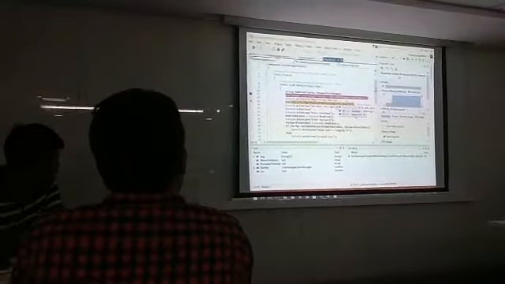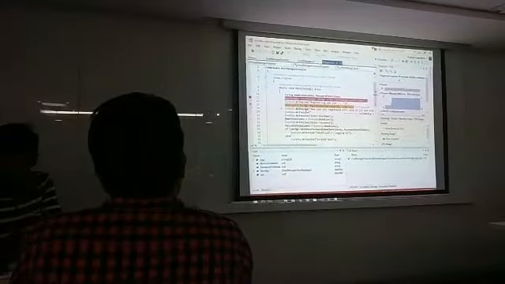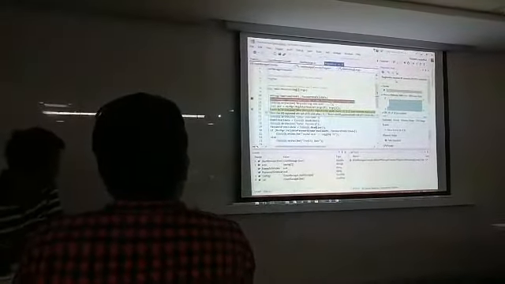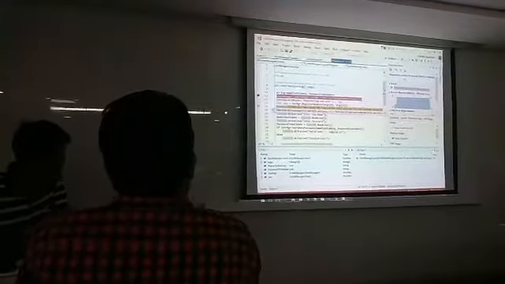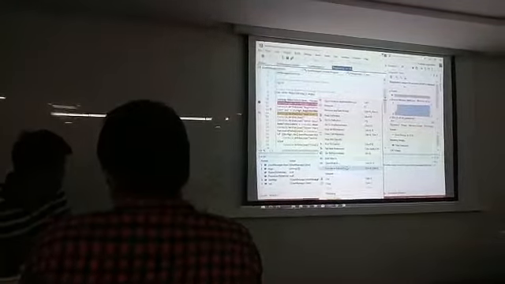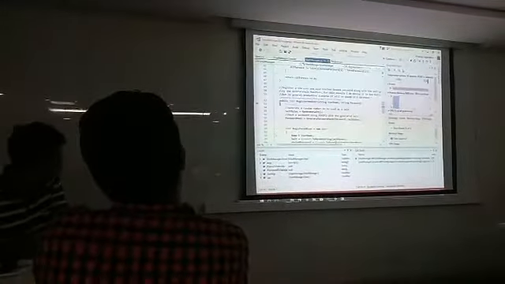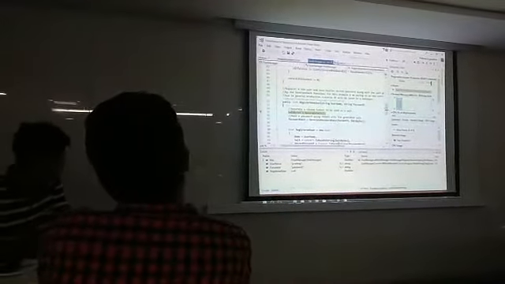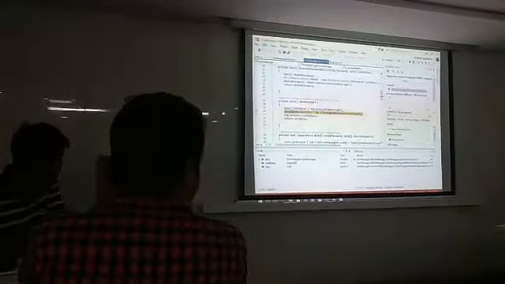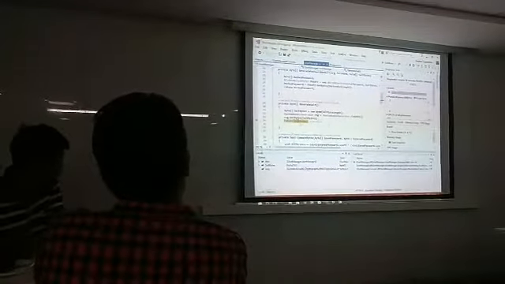I pass my name and password as password into this function. And as I said, I'm generating the salt here. This is the salt that it generated.